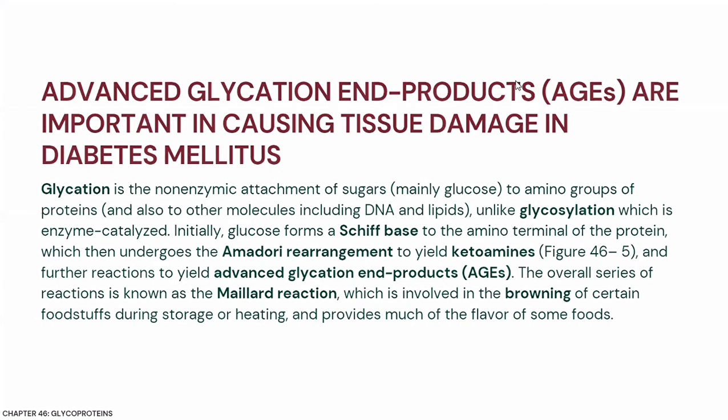Advanced glycation end products, or AGEs, are important in causing tissue damage in diabetes mellitus. Glycation: addition of glucose without the use of enzyme.